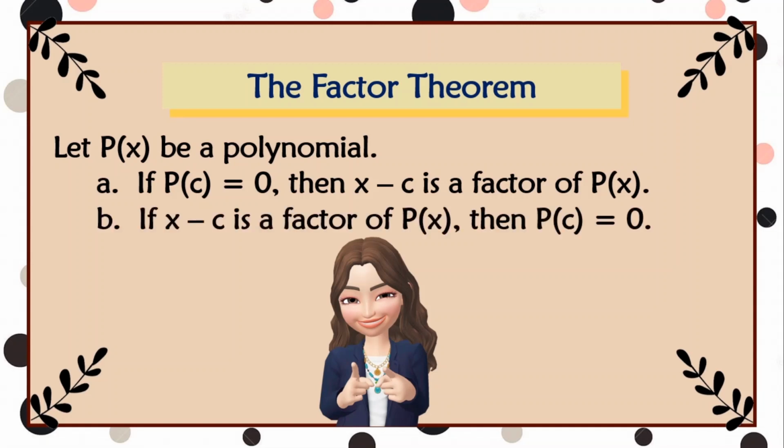And if x minus c is a factor of p of x, then p of c is equal to 0. So if your remainder is 0, then x minus c is a factor of the polynomial p of x.